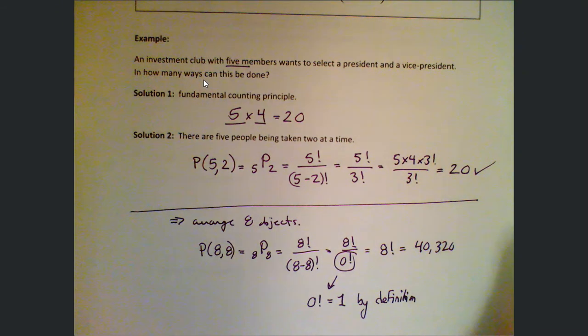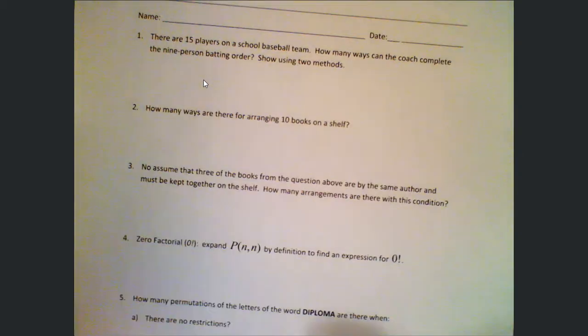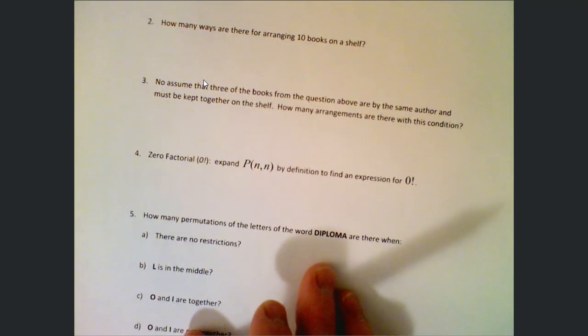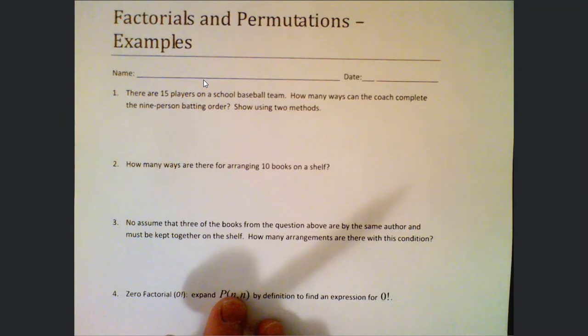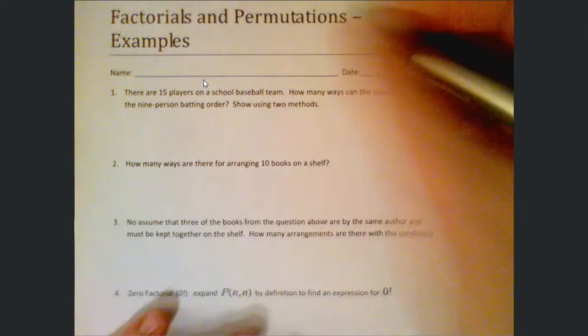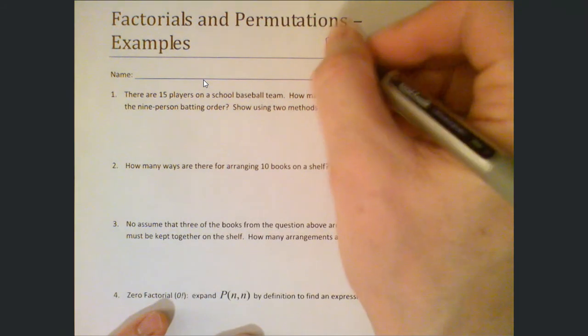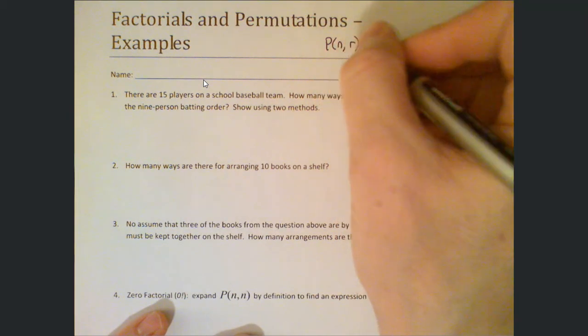All right, let's take a quick look at a sample problem, and then you're going to start your work on this. Okay, so now I'll write up here what the formula is so we can have a look at it.